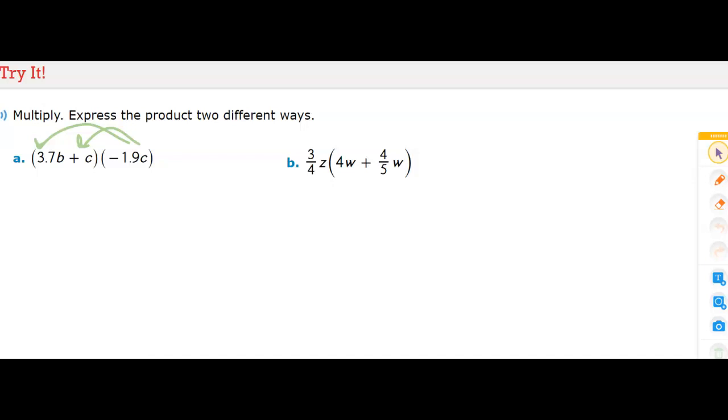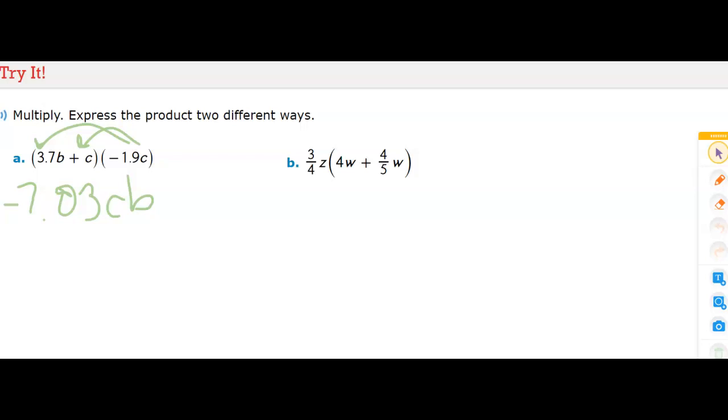So we have 1 and 9/10 times 3 and 7/10. That's going to be 7 and 3/100 C, B, because we have a C here and a B here, and we're multiplying it together, and it's going to be negative.